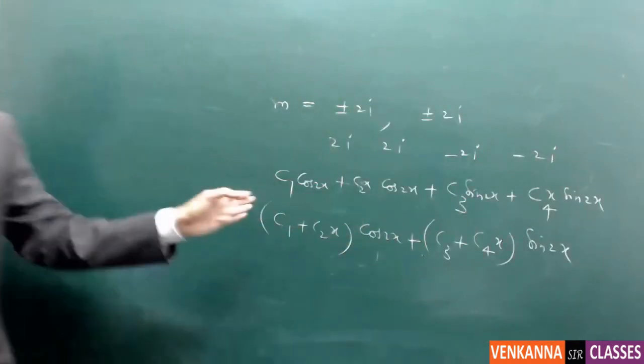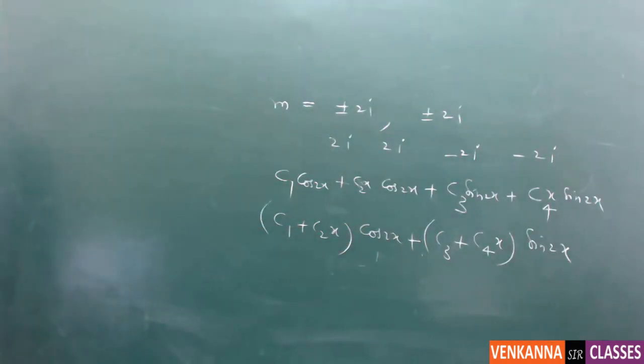So this is the case when complex roots are repeated. If you give some numbers to me, straight away I will write that. You give me the roots, I am going to write the solution. That gives a good understanding.